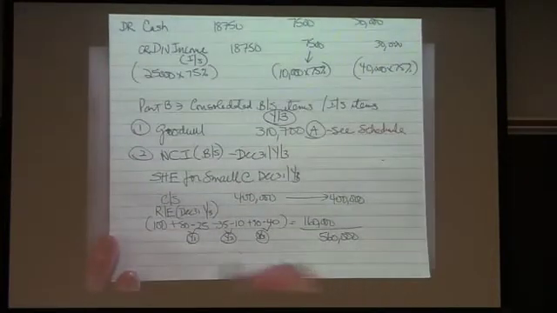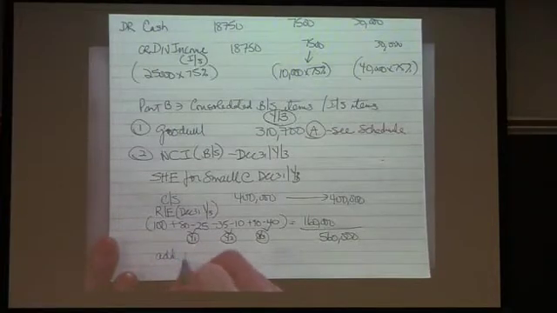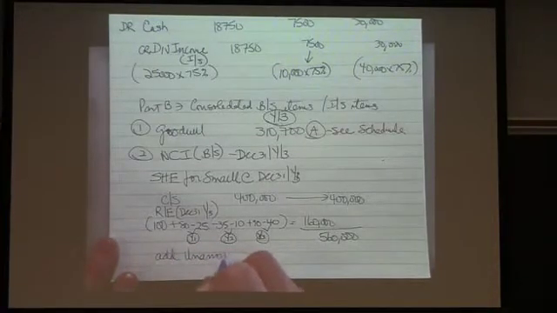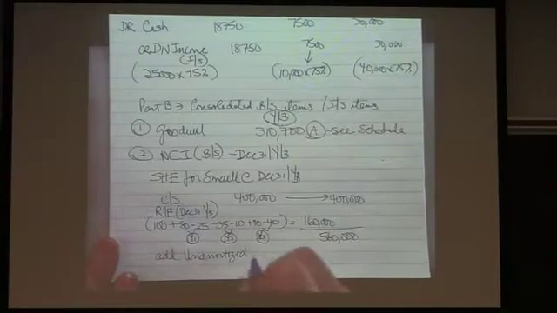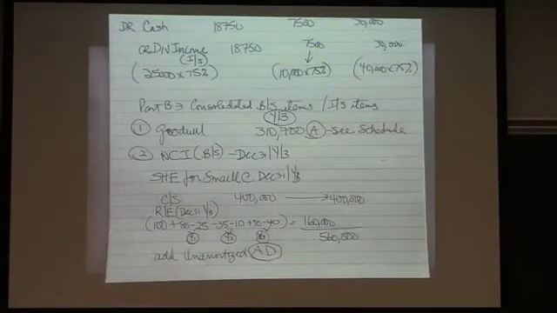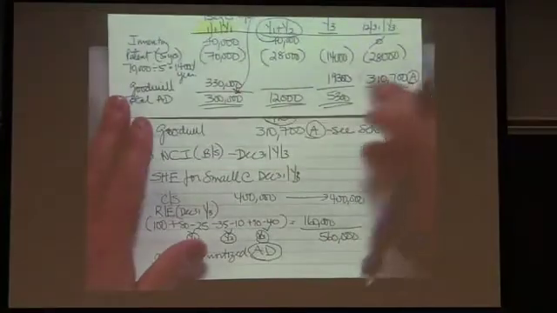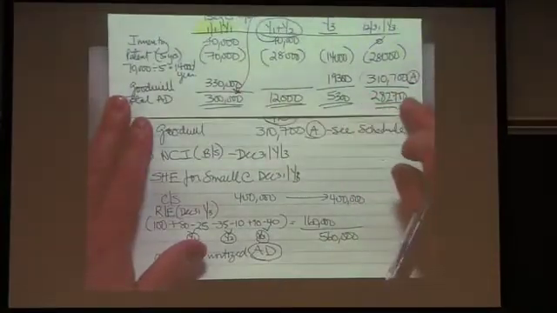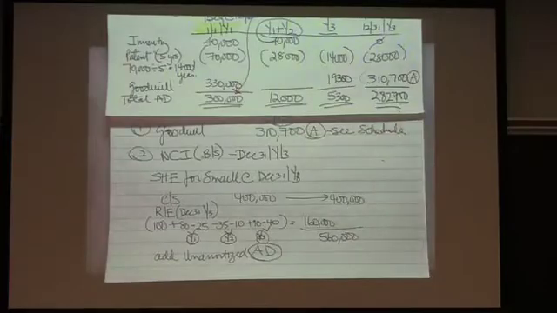We're going to add to this the unamortized acquisition differential, right? So this is essentially the amount of acquisition differential that still remains to be unamortized. And that came from our schedule.